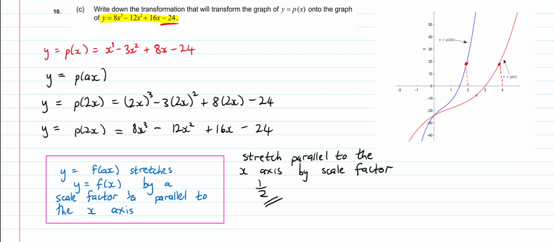So that point is half as close to the y-axis as for that same y coordinate on the red line. Okay, so that's our answer. We have made a stretch parallel to the x-axis by scale factor 1 over 2.